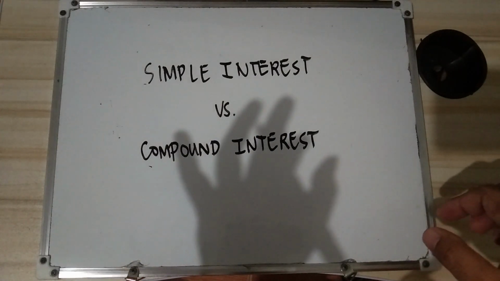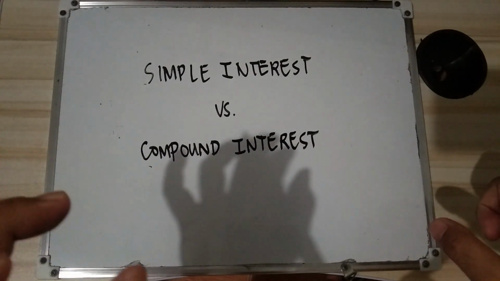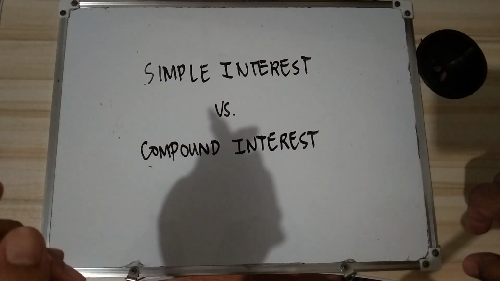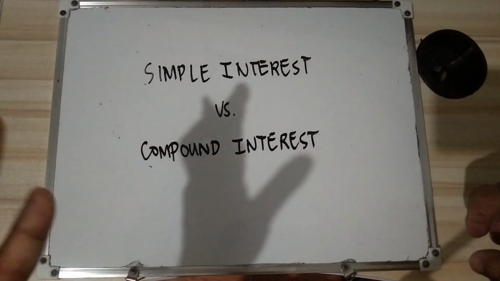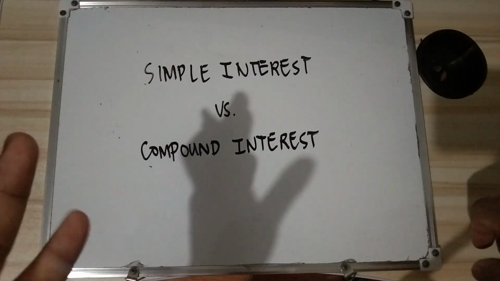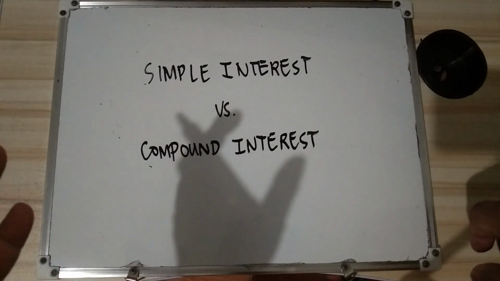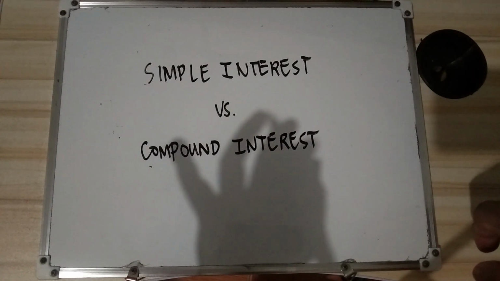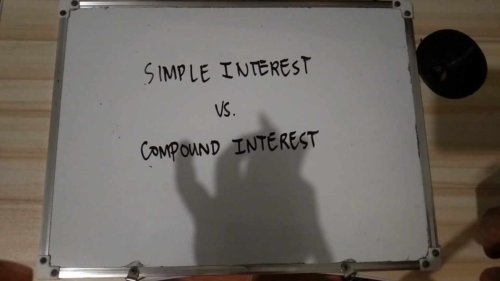Pero pag sinabi natin compound interest, hindi lang taon ang pinag-uusapan natin dito. So, let's say, meron tayong compounding period na tinatawag, no? Sa loob ng isang taon, meron tayong 4 na beses na tutubo yung puhunan. Let's say, yung unang beses na tumubo yung puhunan niya, okay?